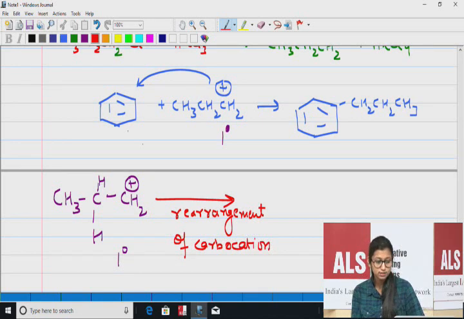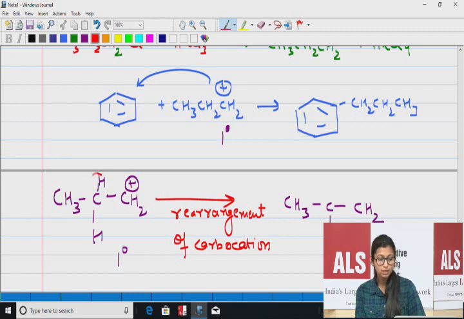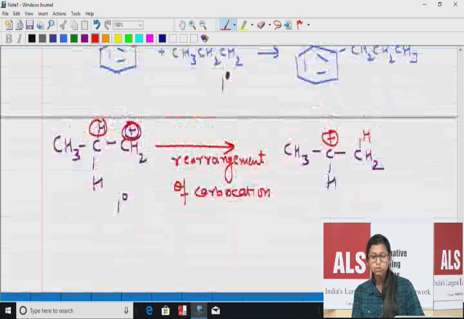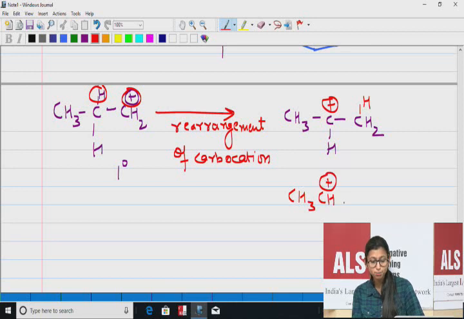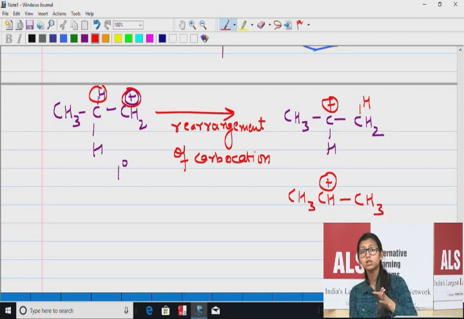Swap the position of hydrogen and the positive charge. By doing this, what will I get? I will get a more stable carbocation. This is the CH2. By swapping these two positions, I will get a positive here and a hydrogen here. Now how will it look, everyone? It will look like a CH3, CH having a positive charge, and a CH3. Now this particular compound will go and attack over the benzene.